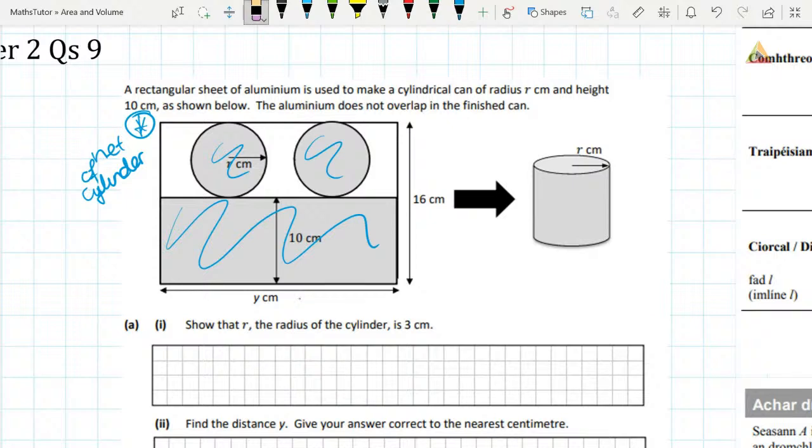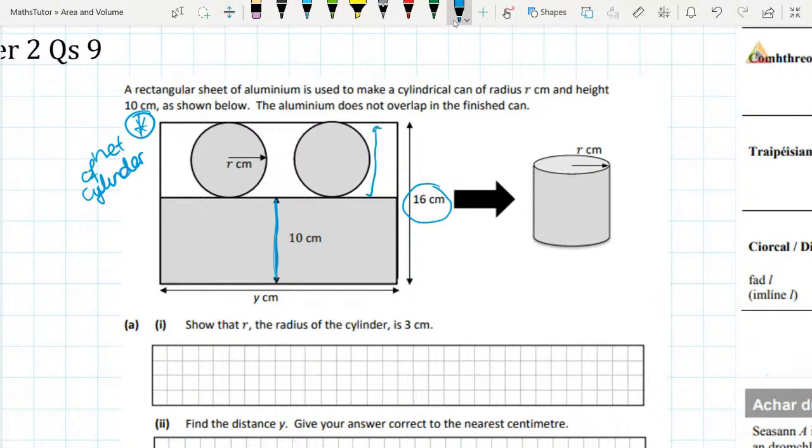So what we can see is that when I have this shape, the total height of it over here is 16 centimeters. And I can see that 10 centimeters of it goes into being the height of the cylindrical can. So the height of this cylindrical can here is going to be 10 centimeters, which means that out of this rectangle, we have 6 centimeters left up here.